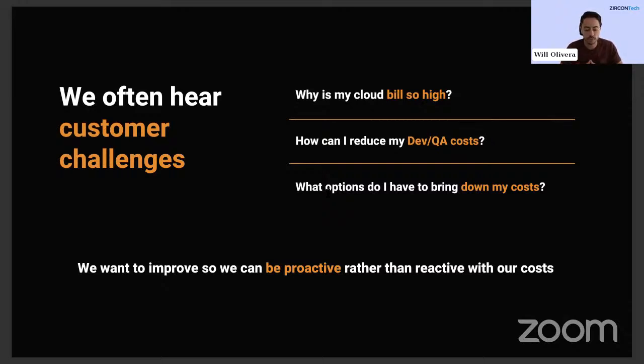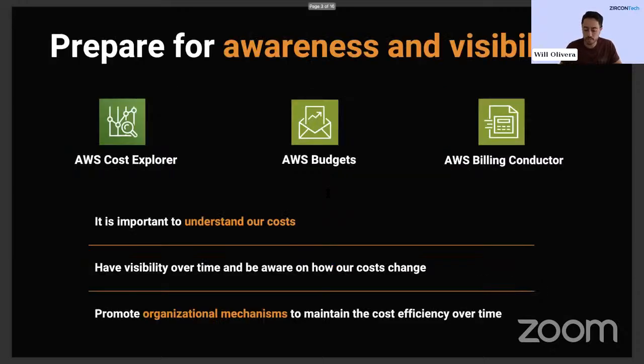What are my options? The reason for that is because we are traditionally more reactive with our costs on the cloud. We tend to worry when things already happen. The idea here is to be more proactive instead and try to get a better sense of the tools that can help us to have that billing under control.